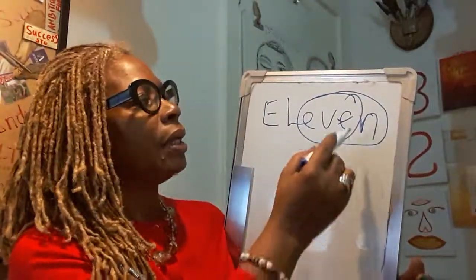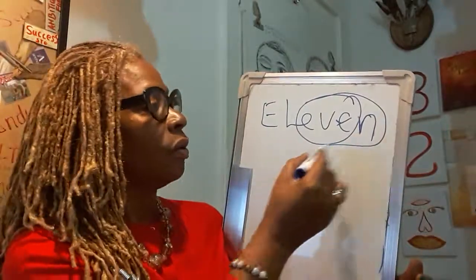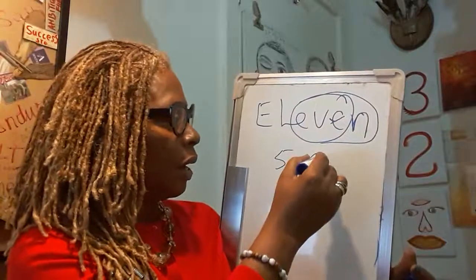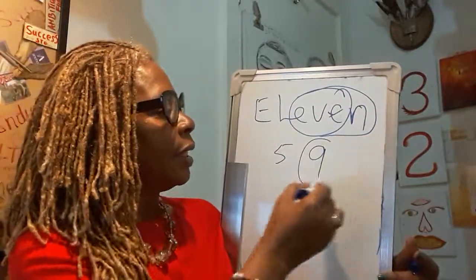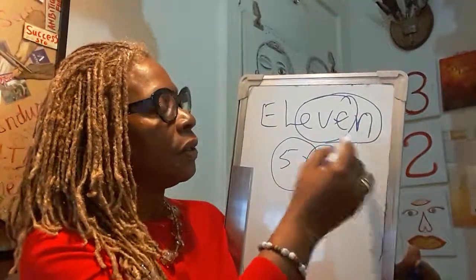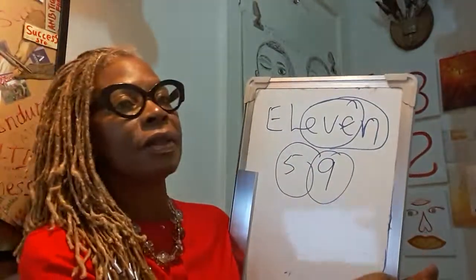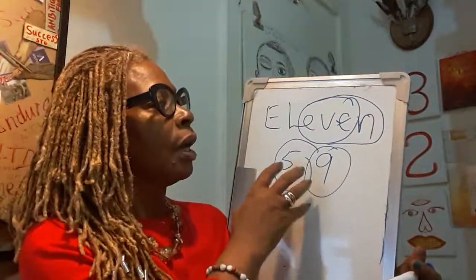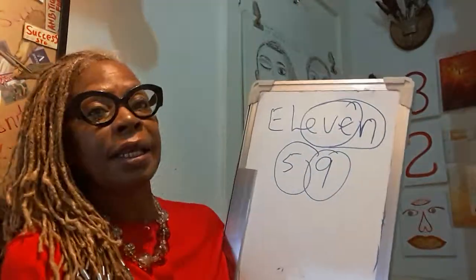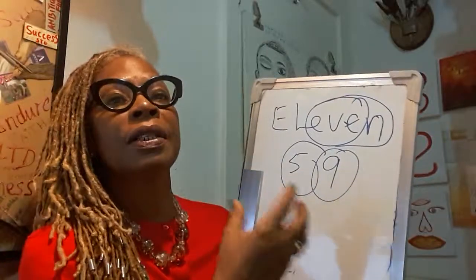N is 5 and R is 9. 9 is beginning and 5 is ending. So we can see in the letters themselves, particularly in this letter N, that it contains everything.